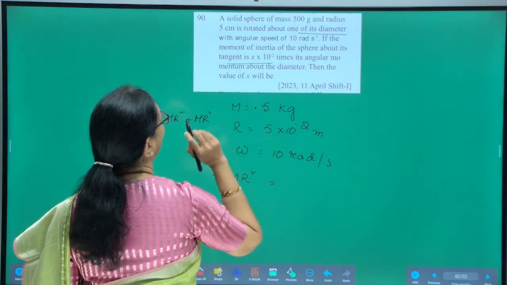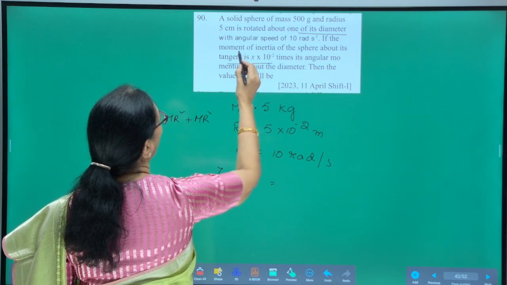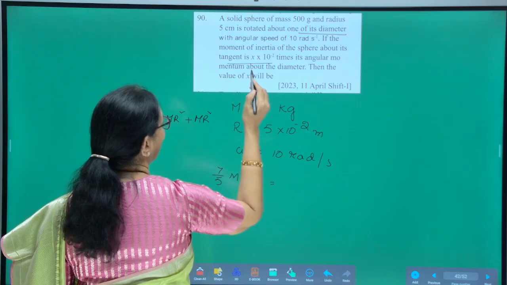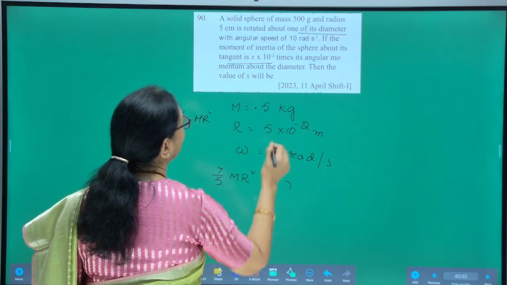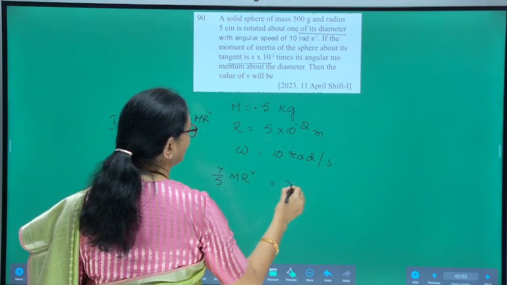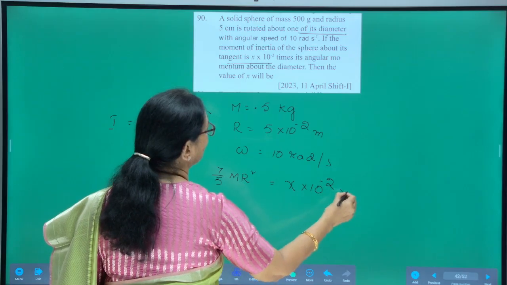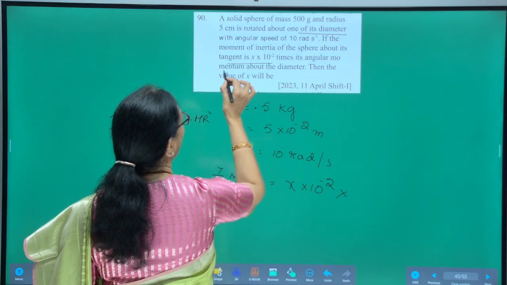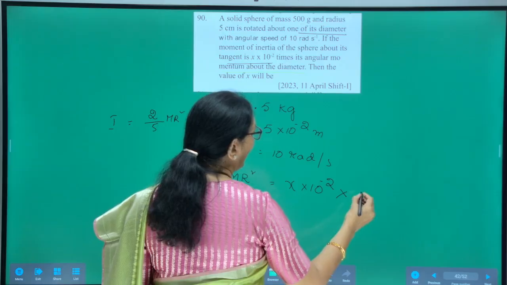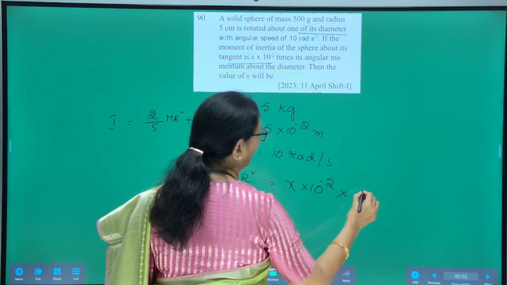He mentioned in the problem, moment of inertia of the sphere about a tangent is x into 10 to the power of minus 2 times angular momentum about the diameter. Angular momentum is I omega.